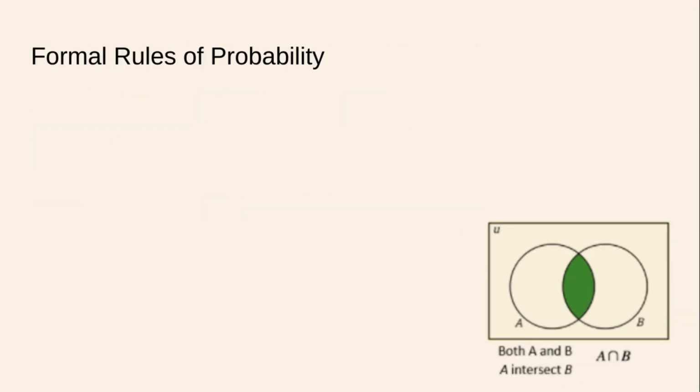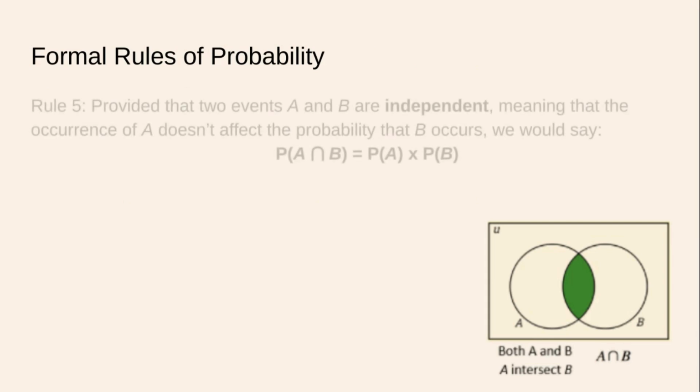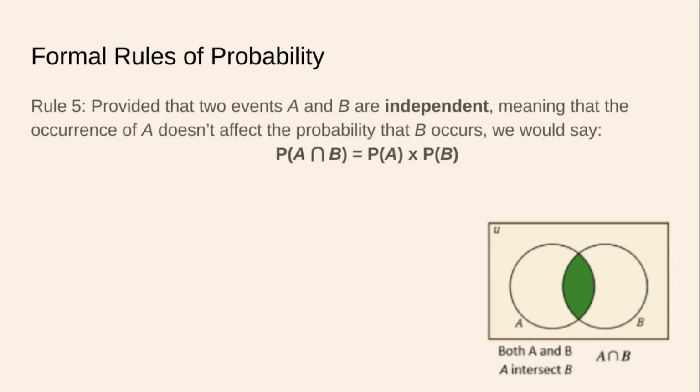Now let's learn some more formal rules of probability. Rule number 5.